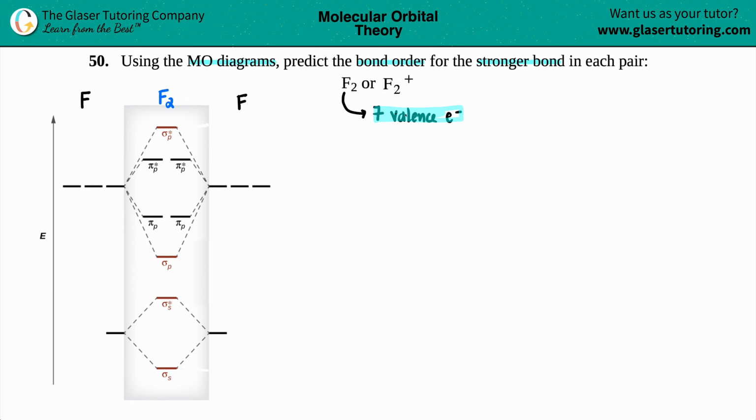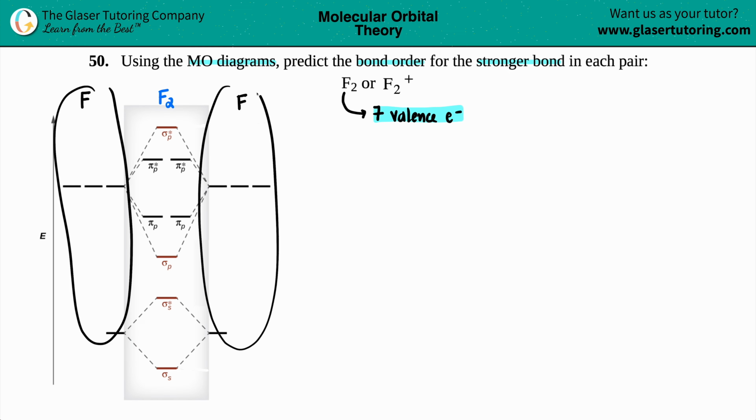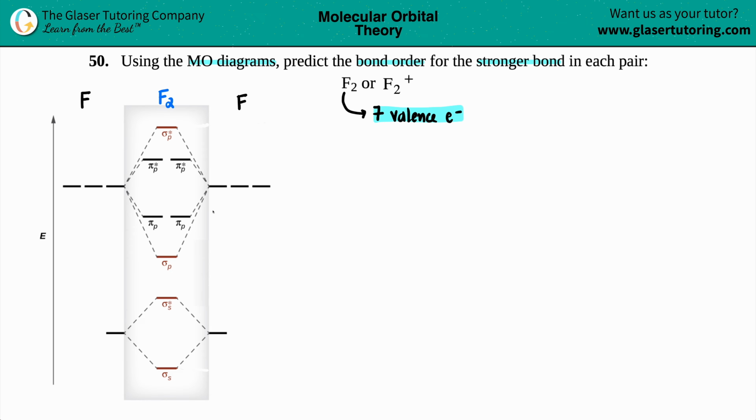So let's go for it. Always put your valence electrons for your atoms first, and then you can work in the middle. Remember, you always have to start from the lowest energy and work your way up. So I have to put 7 electrons, starting with the lowest energy and putting the rest in the upper p orbitals.